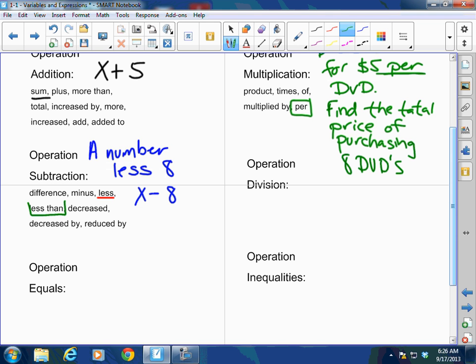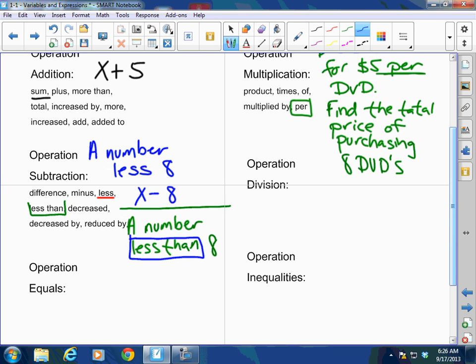However, if I tell you a number less than 8, that's a little different. Whenever you see the keywords less than, think switch.